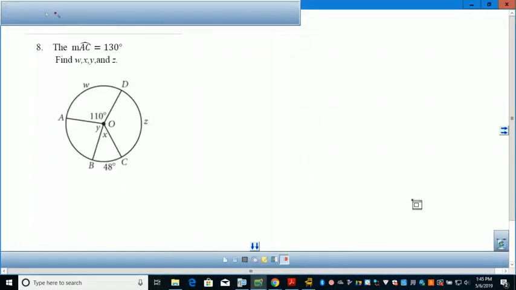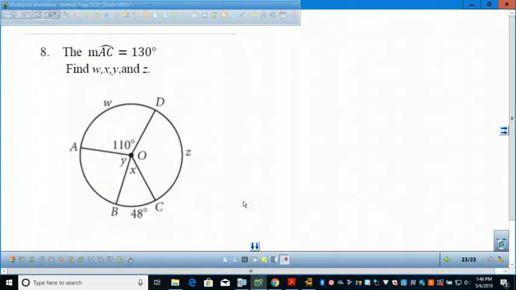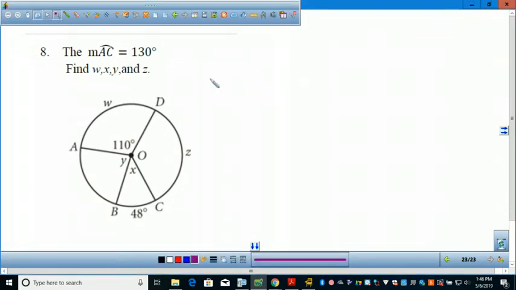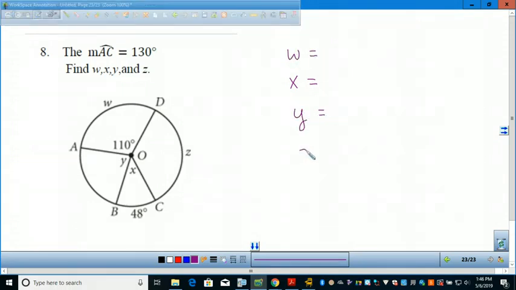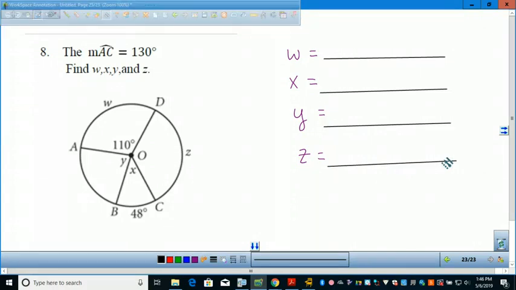Keep going with 8. 8 is a good one. Fill them in.